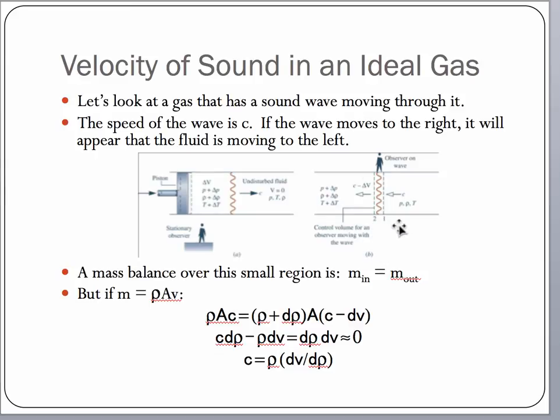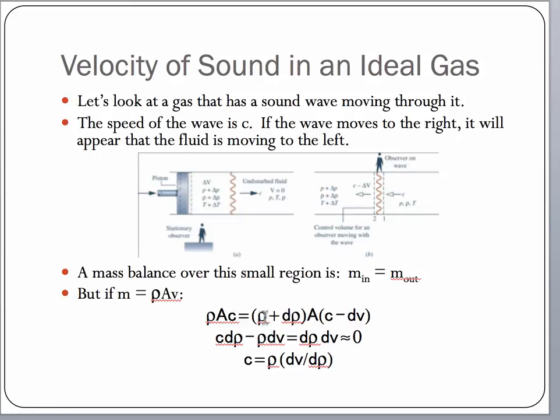Now my mass in is the same as the mass out. If the mass flow is rho A times the velocity, well, if I've defined it C, the speed that this wave is moving through there, on one side it's going to be delta V less on the other side, but the density will have increased because it's been squished together. So the molecules are closer together, so the density increases, the speed decreases.